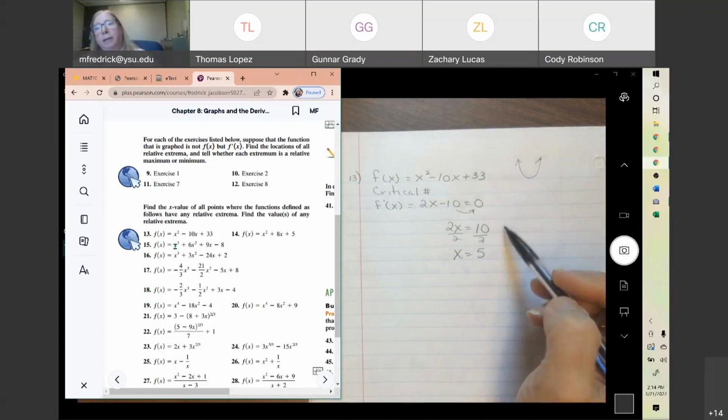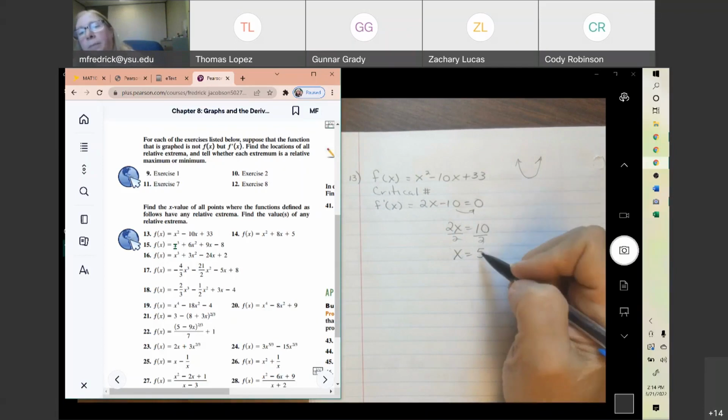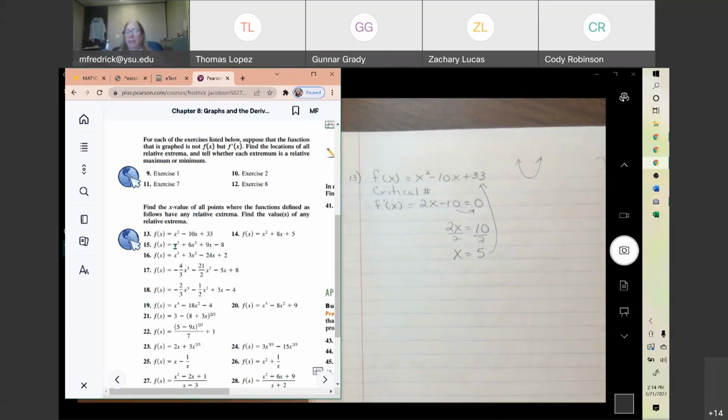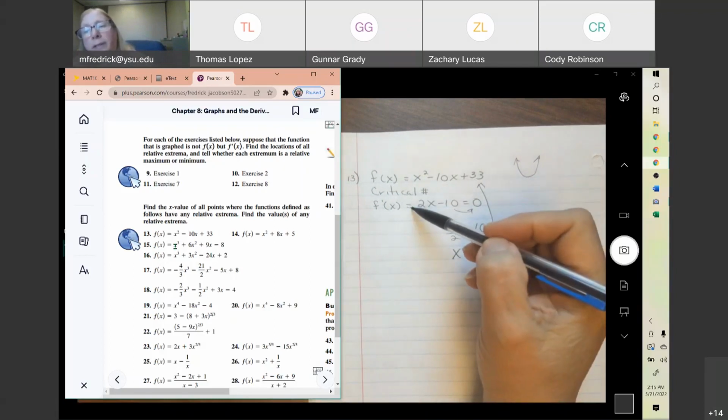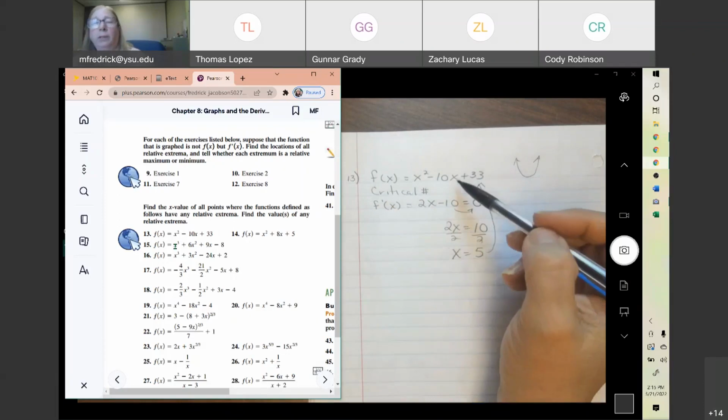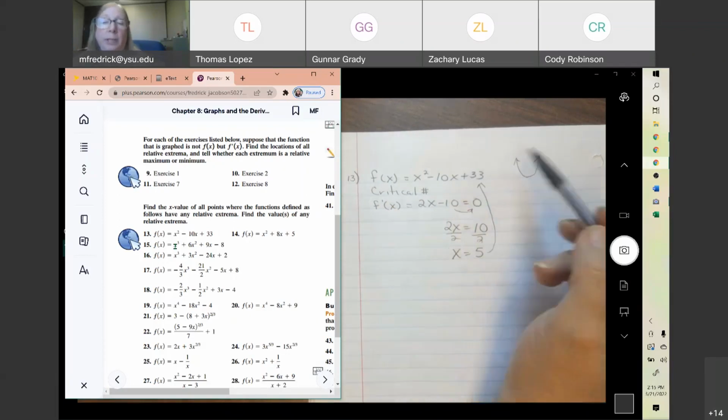Now there are 2 ways of finding this value. One way, plug it back into the original in this case, but sometimes maybe we're given revenue and cost and we find profit, and then we take the derivative of the profit. So rule of thumb is look where your derivative is and use the one before it. In most of these right now, we're going to use the original, but that will change later.